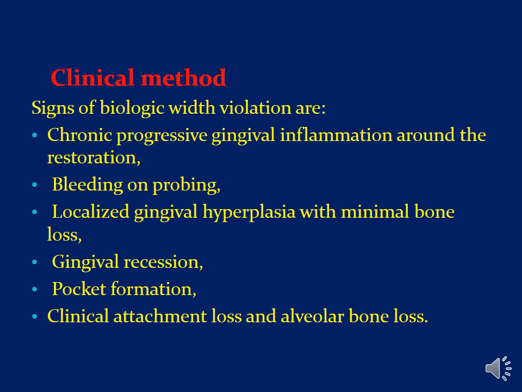There is a chronic progressive gingival inflammation around the restoration, bleeding on probing, localized gingival hyperplasia with minimal bone loss, gingival recession, pocket formation, clinical attachment loss, and alveolar bone loss.